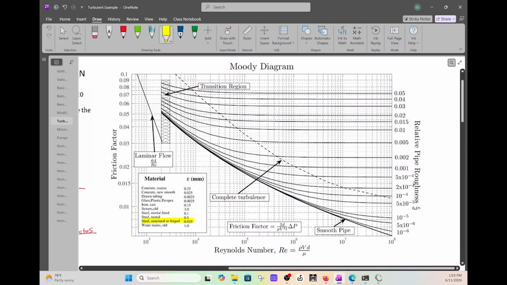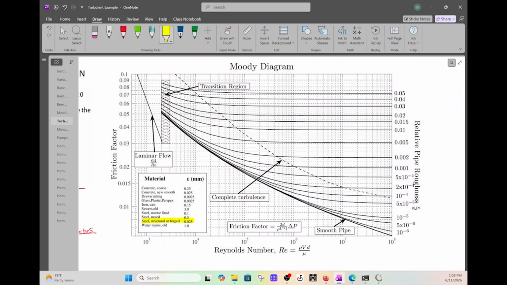So this material epsilon is a material property for the steel. It's like the roughness. We're going to use 0.025 millimeters.